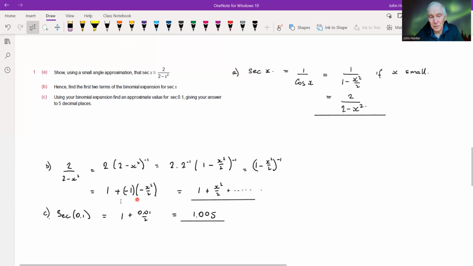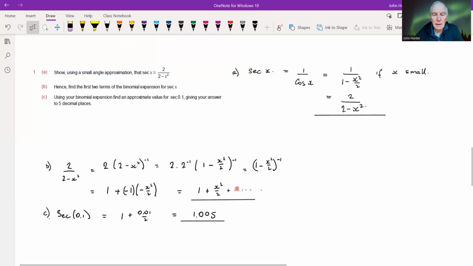Personally, I'd refer to that as the binomial series. But hey ho. So if we look at the first 2 terms, that is basically what we get. You'll need to do that to do part C, obviously, but it says using your binomial expansion, which is this. The point is that we're not interested in other terms because they're going to be higher powers of x.